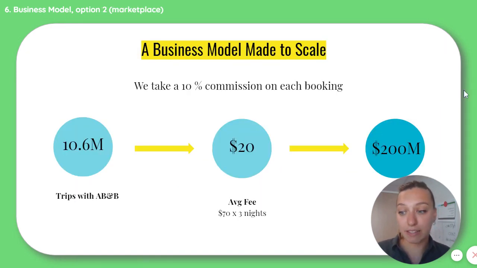here Airbnb. I borrowed that slide from them because I think they're showing this really well. They tell you how many trips they are expecting, and the average fee. Of course, Airbnb has a more complicated model, where there is a commission for the guests and the hosts, and then some extra charges.